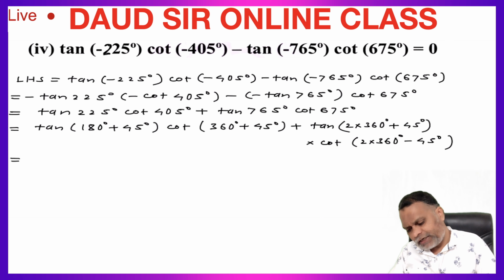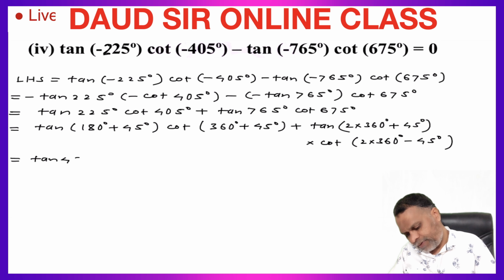In third quadrant, tan is positive, this is tan, so plus sign, and in case of 180 degree there is no change, so this is tan 45°.